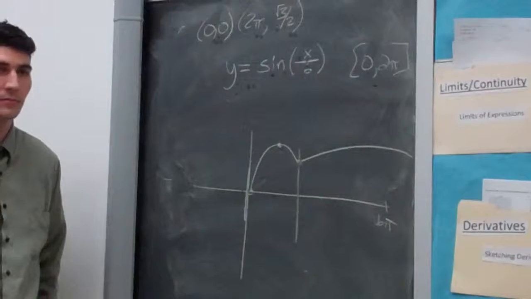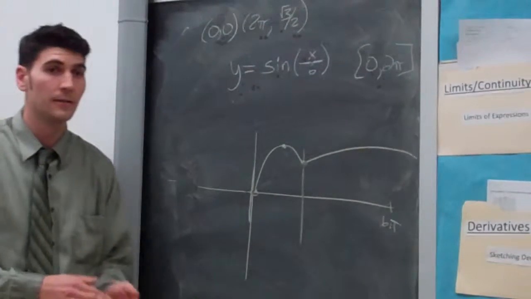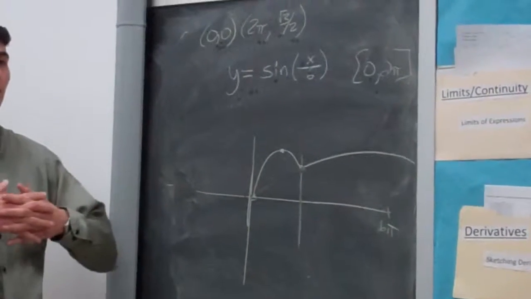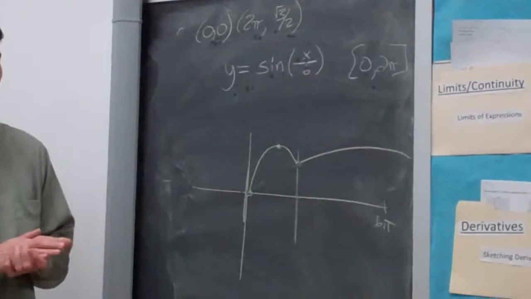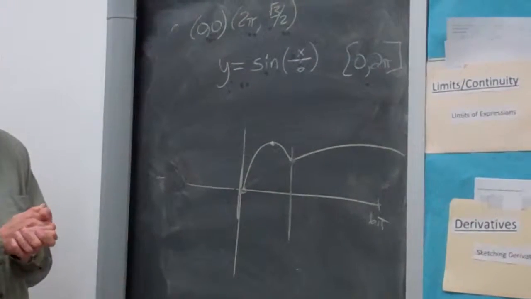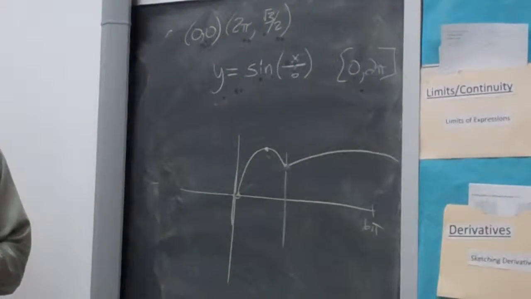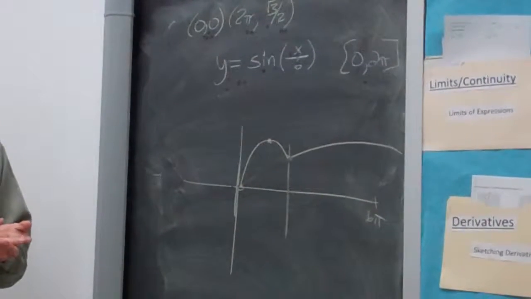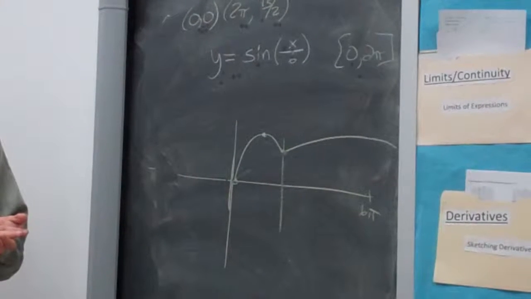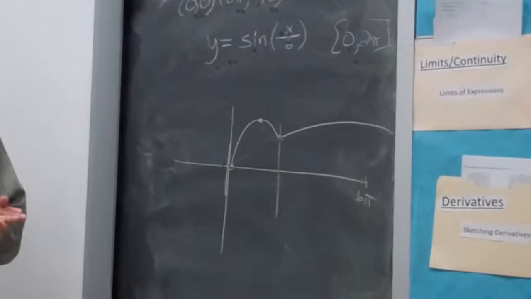So to find the relative extrema, you have to find where the first derivative is equal to 0. The first derivative is cosine of x over 6 times 1 over 6. Set that equal to 0 and find those values.